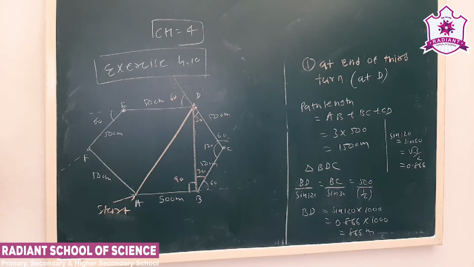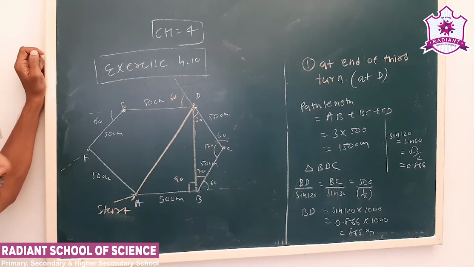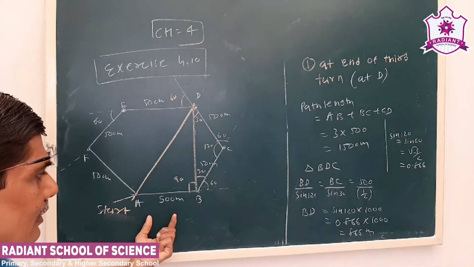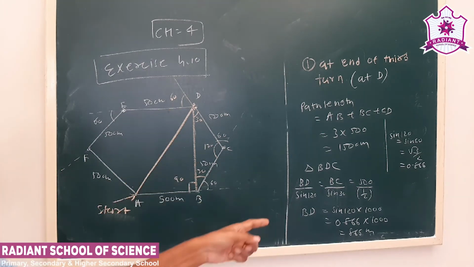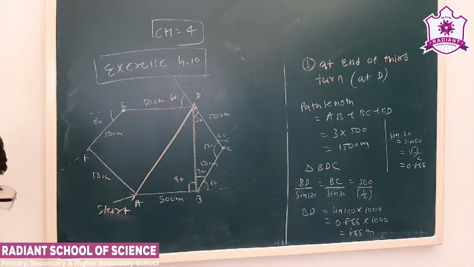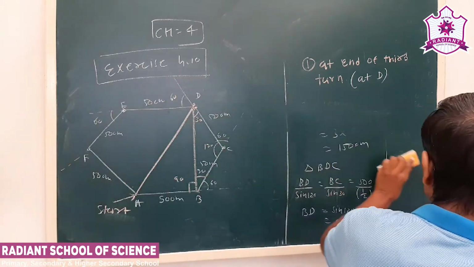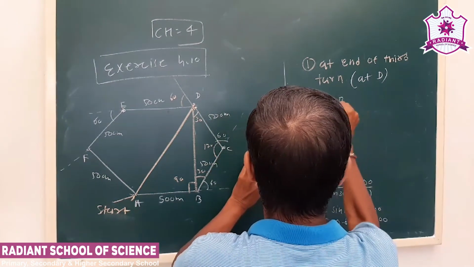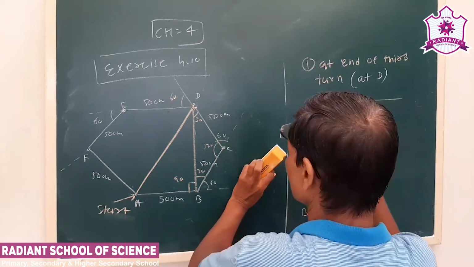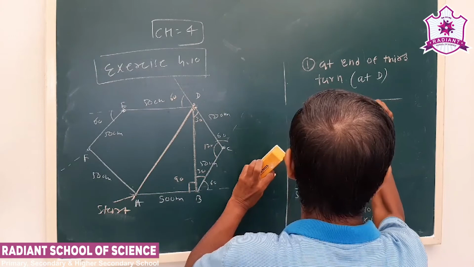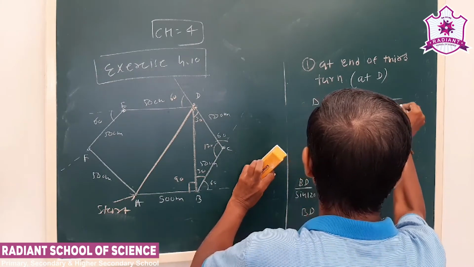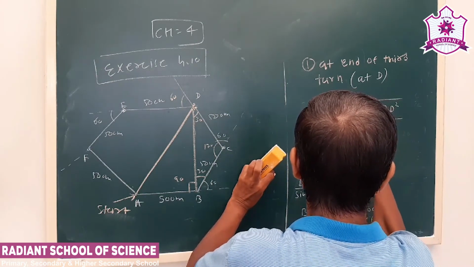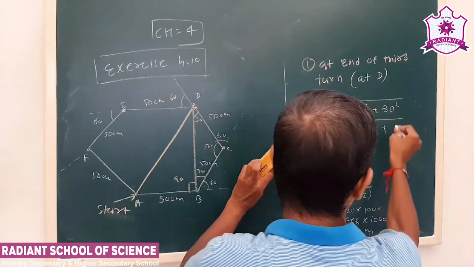Now displacement is the shortest distance. Now see, in triangle ABD, we have AB is 500, and BD we have obtained is 866. Then we can use the Pythagoras theorem. In triangle ADB, AD is under root AB square plus BD square, AB is 500, BD is 866.